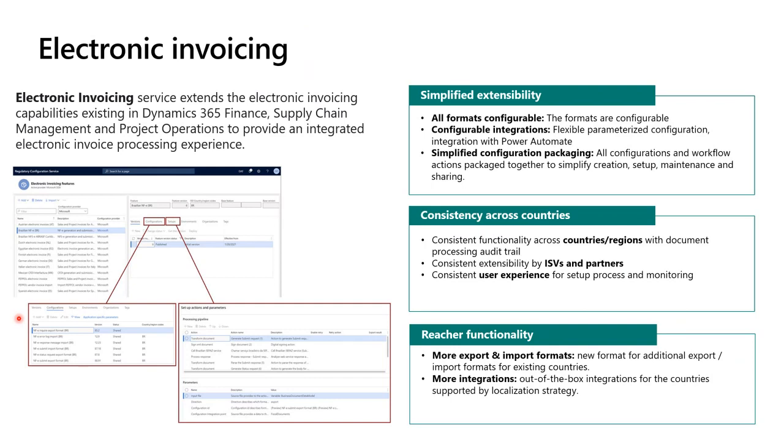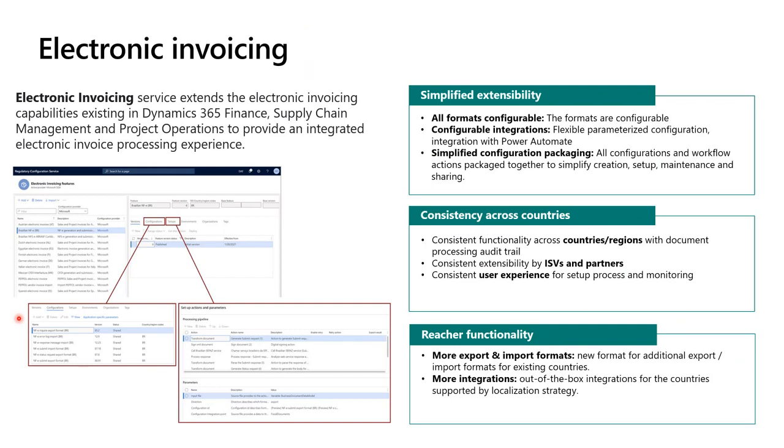The simplified extensibility means that the requirements for generating and receiving electronic invoices can be fulfilled through configuration rather than programming. With that, you have the flexibility to comply with electronic invoicing formats from different countries, simply doing file format configuration, together with orchestration of action flows to communicate with the tax authority, simply by parameterizing predefined configurations.